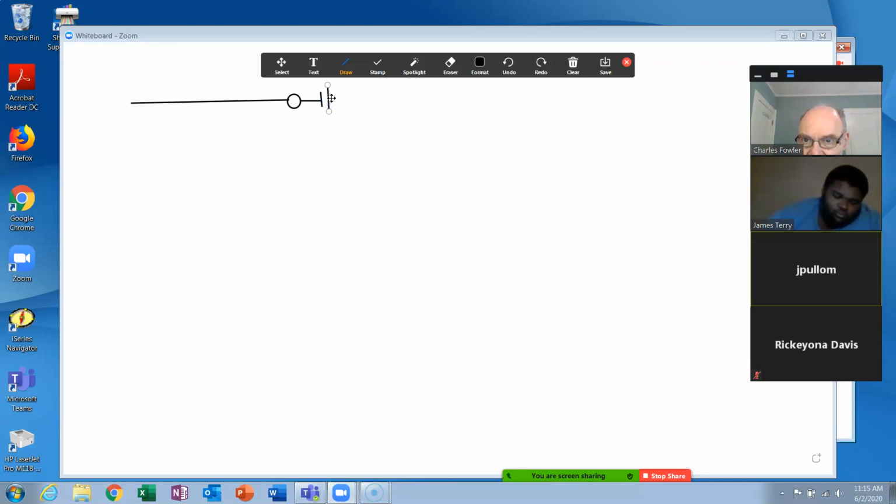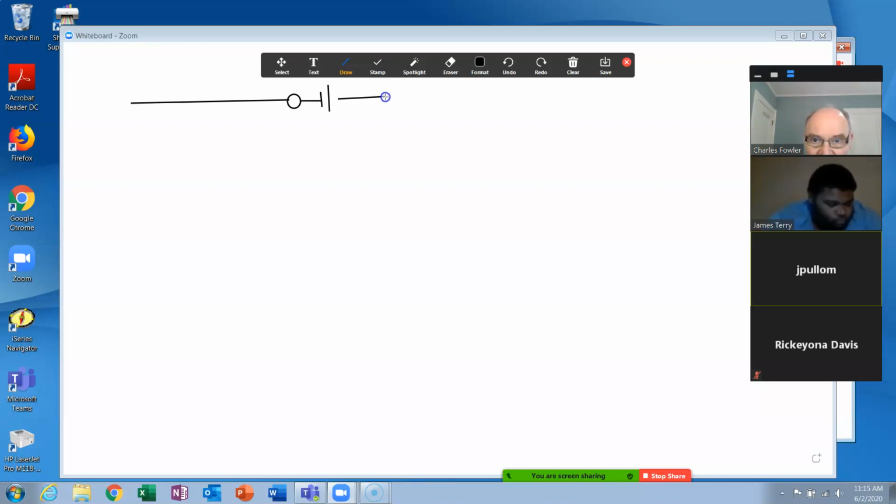Okay, I need to get another line, and this line will start here. No, quit that. This is where it's a pain. Here we go. Okay. I can't get close to that one because it pulls it away. Just imagine that goes to the end there. And then I'm going to hit a resistor.